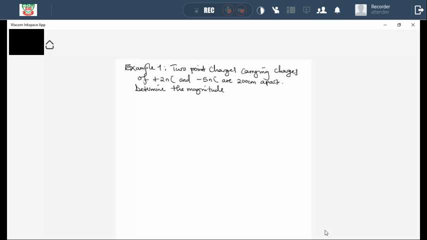Determine the magnitude of the force, which is the electrostatic force between them, and state whether it is attractive or repulsive.